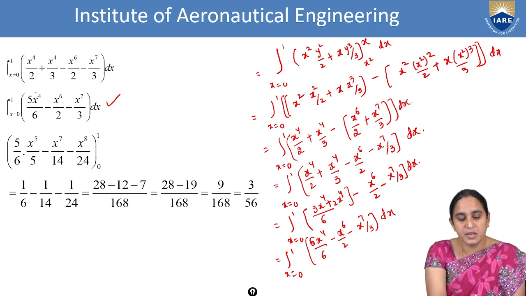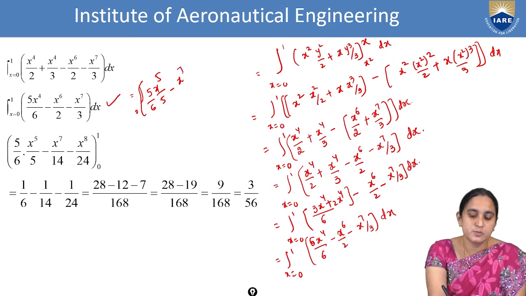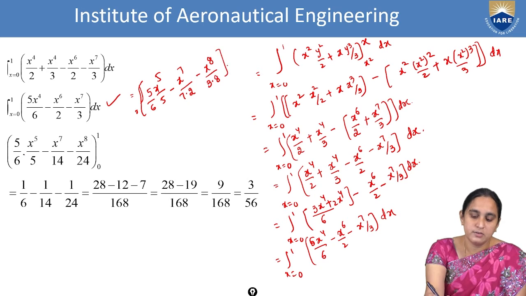What is the integration of x power 4? I'll take 5 by 6 outside, and the integration of x power 4 is x power 5 by 5, minus, the integration of x power 6 is x power 7 by 7, already there is a 2, minus x power 8 by 3 into 8, with limits 0 to 1.